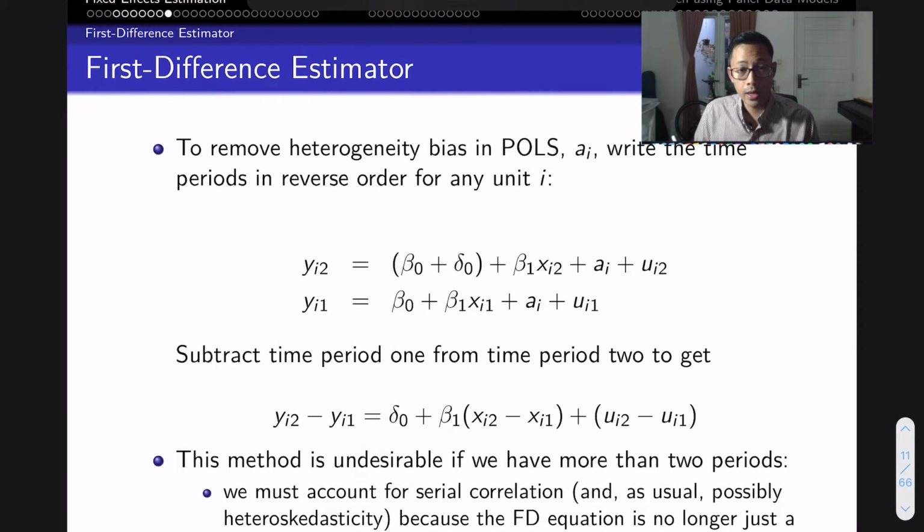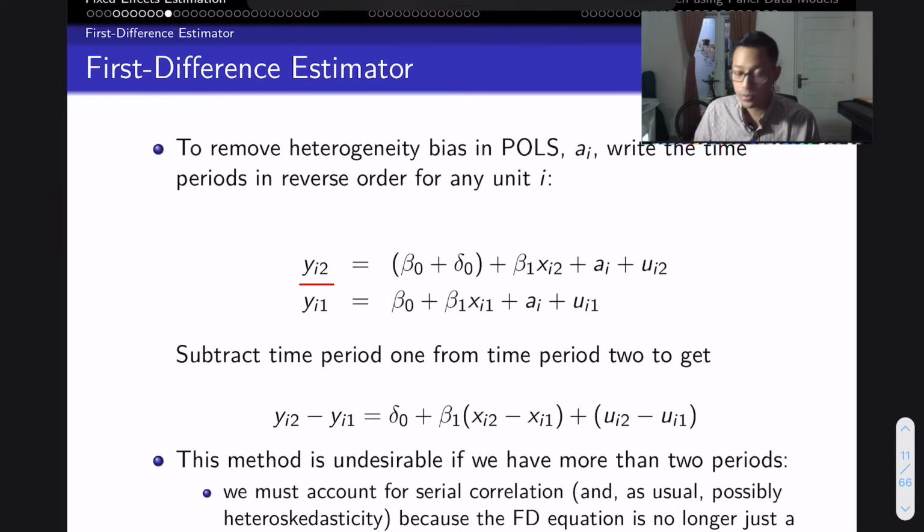Again, delta 0 is the coefficient for the time dummy. So if it's in period 2, the dummy equals 1. So delta 0 times 1 is going to be delta 0. And then you have beta 1, the value of x in the second period, the unobserved heterogeneity, and the shock in the second period. And of course, we have the first period.